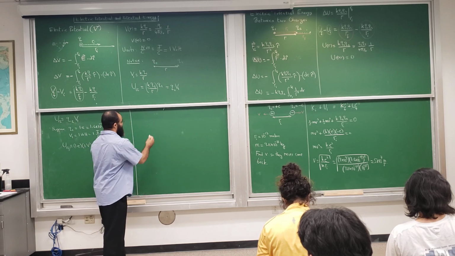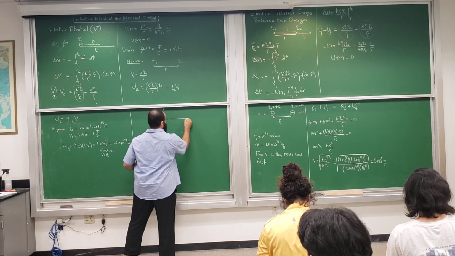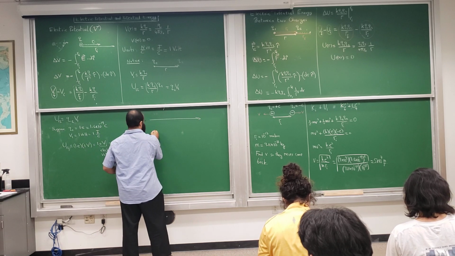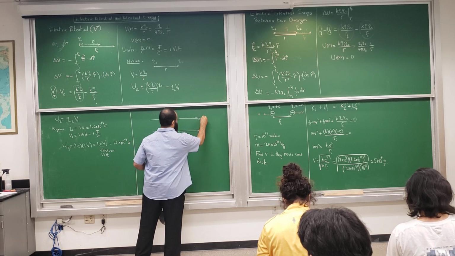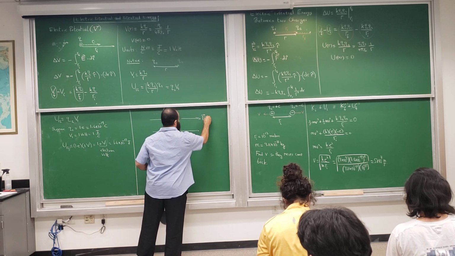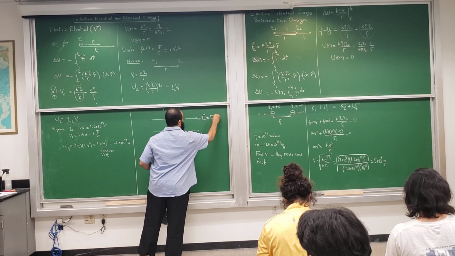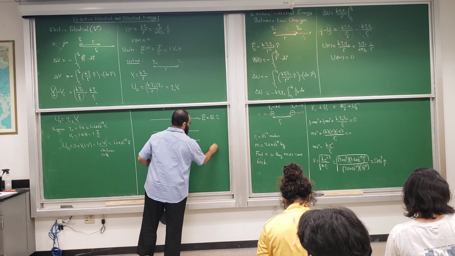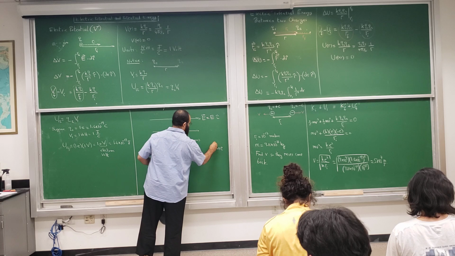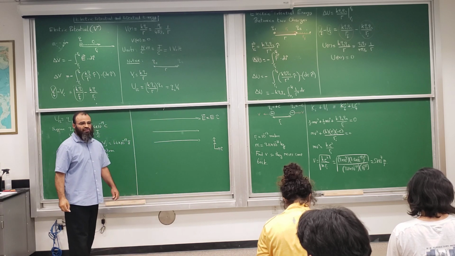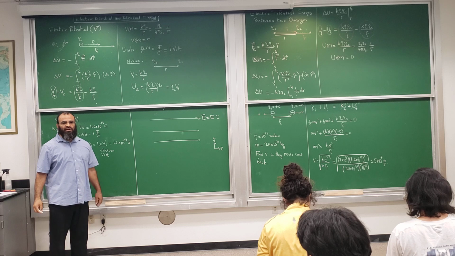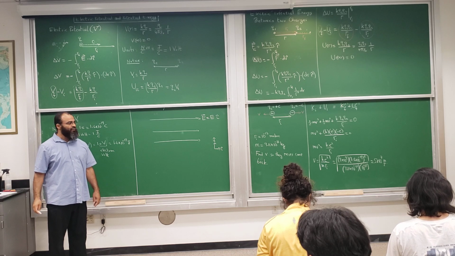So here is a field. Let's say here is our field. It's this way. Say it's a uniform field, E, just some number E and then i hat. Here is i hat, here is j hat. So it's a uniform field that points in that direction.